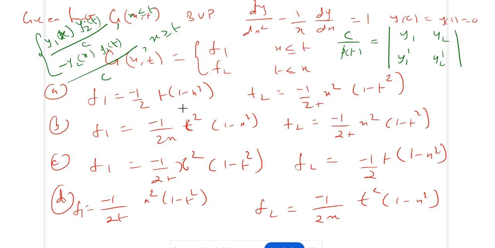So what about the p of t? p of t means the highest order coefficient. Here c is equal to 1, that is p of t equal to 1, the coefficient of y double dash. That is called the p of t.